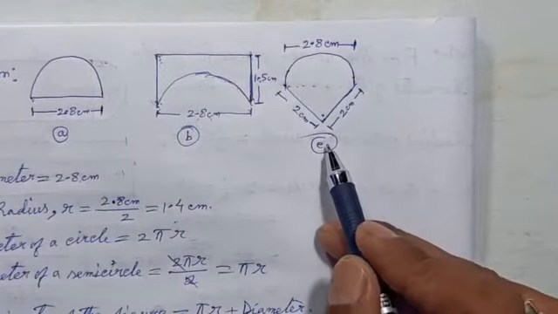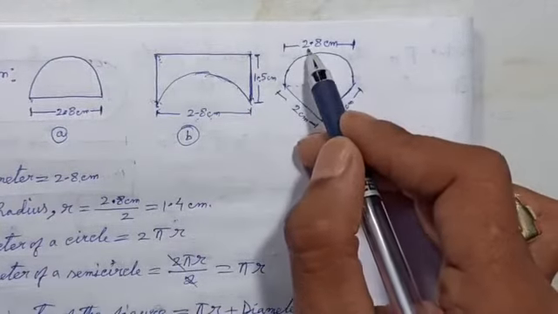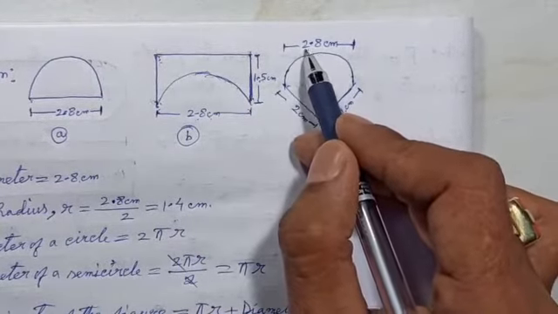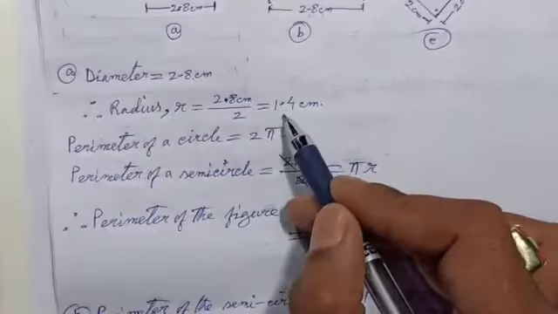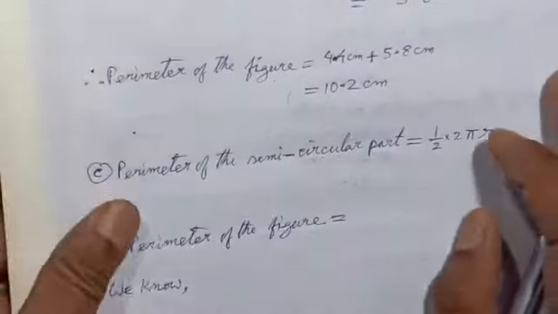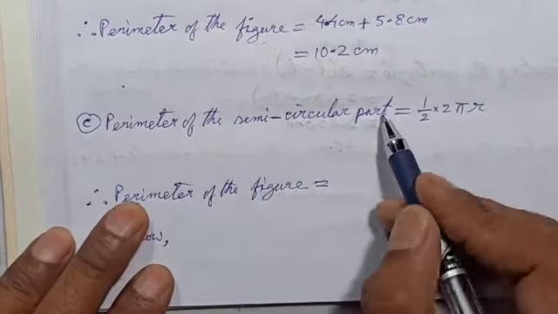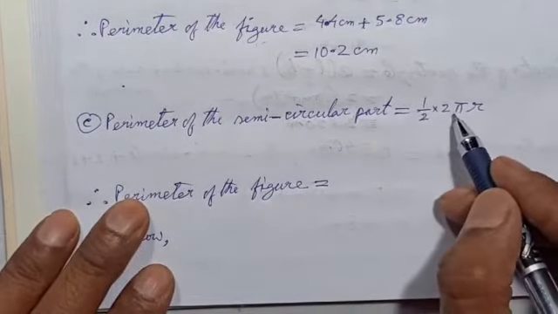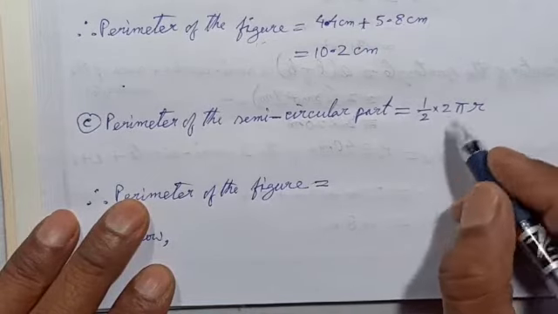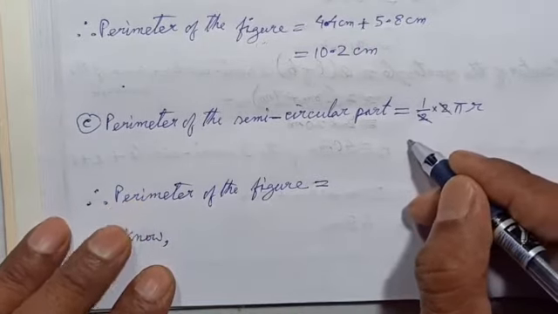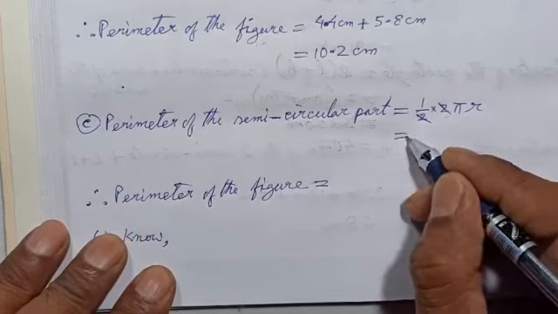Next is figure number C. In this figure number C also the diameter is 2.8. If the diameter is 2.8, then the radius will be 1.4 centimeter. So now the perimeter of the semicircular part is half of the circumference of a circle, then the 2s cancel, and we get pi r.